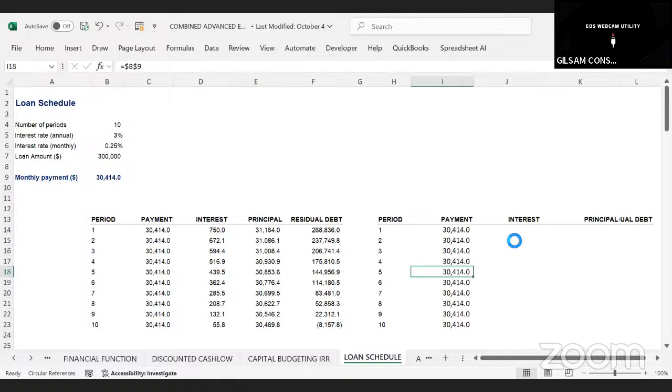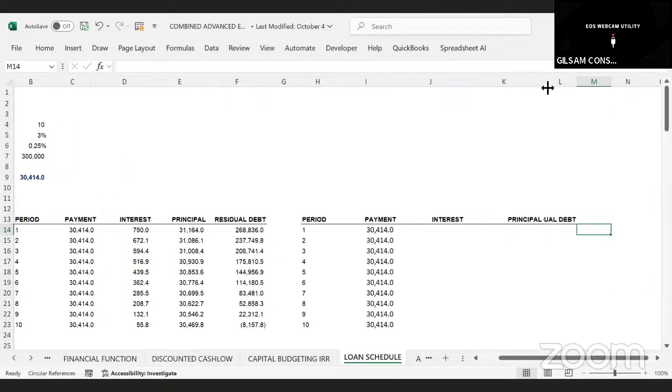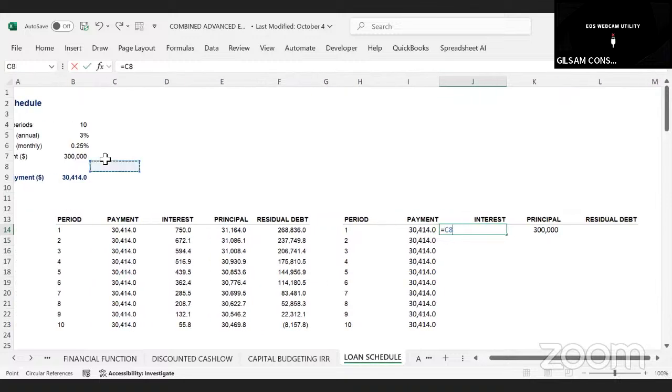Zote huyu mtu alifanya opposite tu. So for us to get the principal amount is this one. The principal amount is 300,000. So our interest will be the interest rate, which is this one.